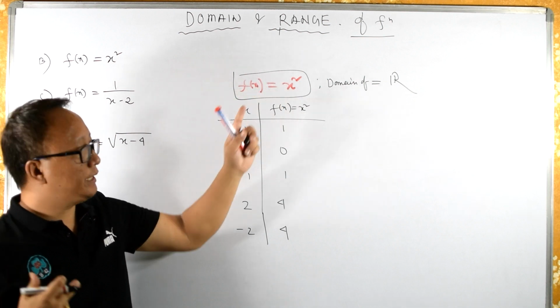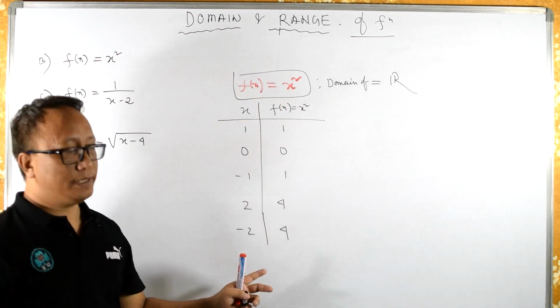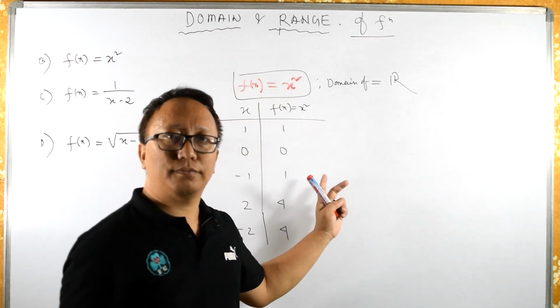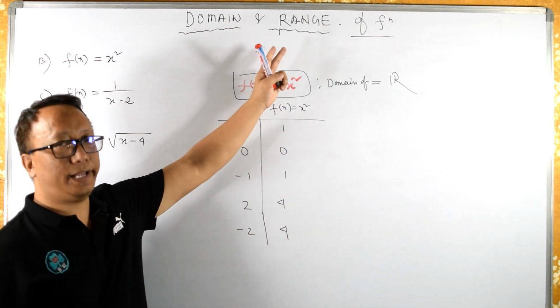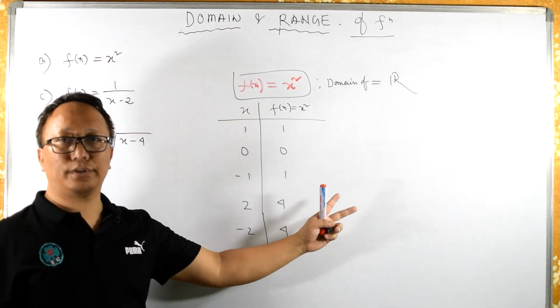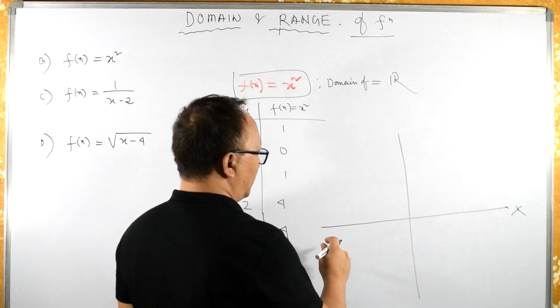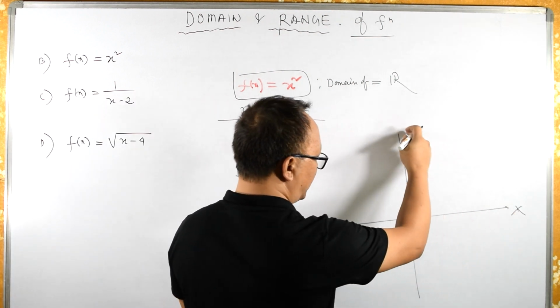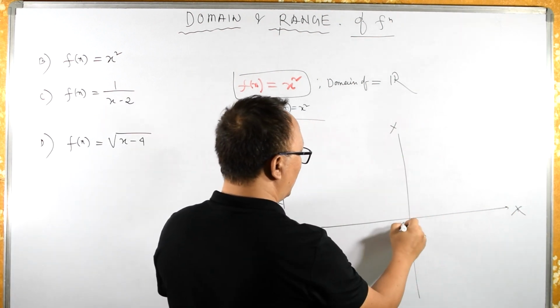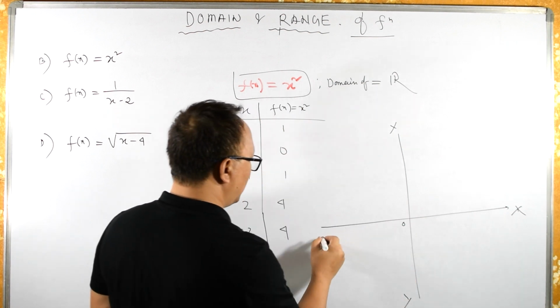What about range? Let's see how to find the range. In order to find the range, let's draw the graph so that we can have a clear idea. Let's consider this is the x axis and this is the y axis: Y-O, Y dash, X-O, X dash.